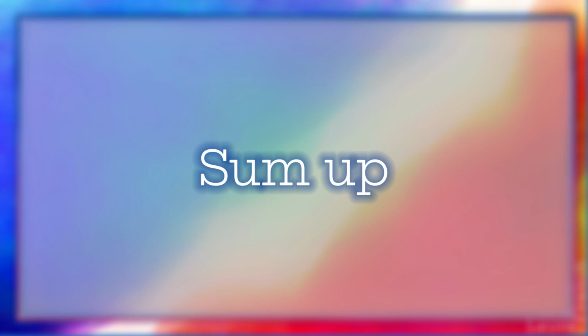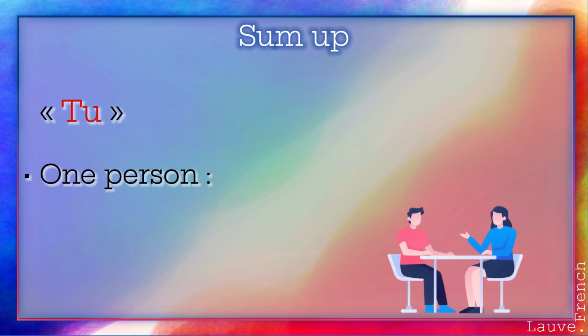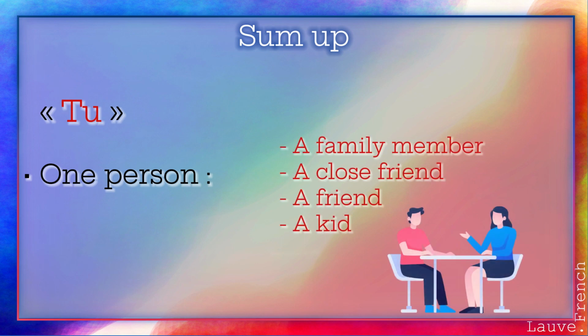Let's see first tu. For one person, you will use it with a family member, a close friend, a kid. For vous, it's more complicated. Let's see for one person first.